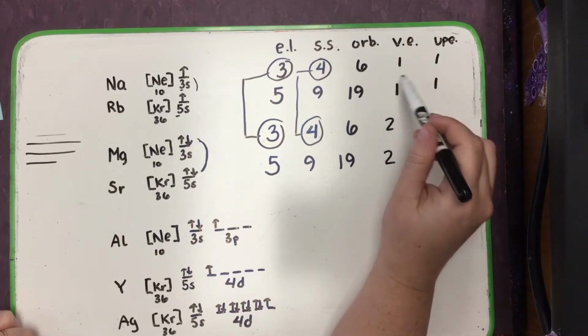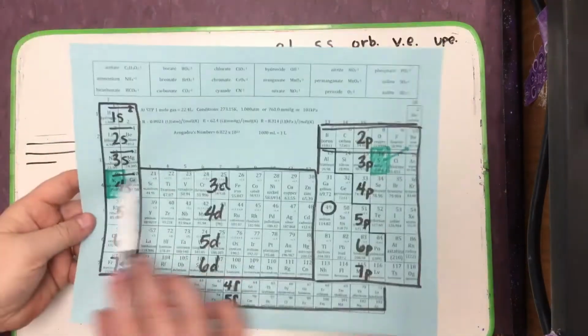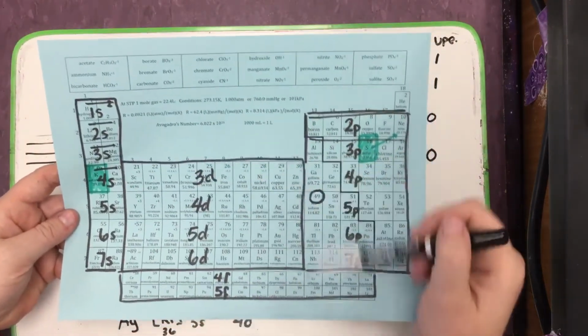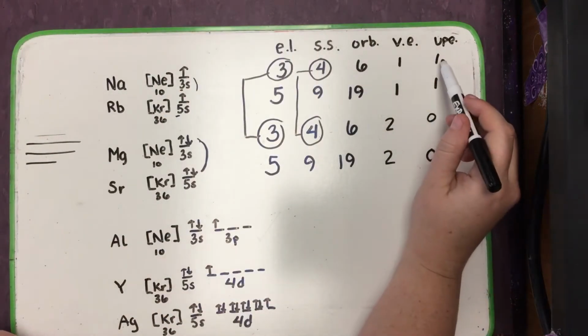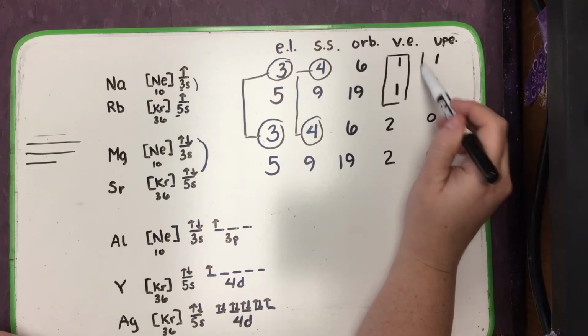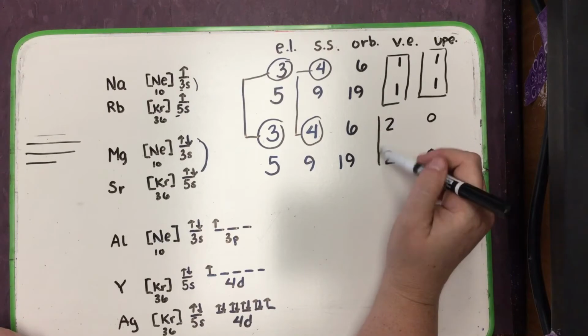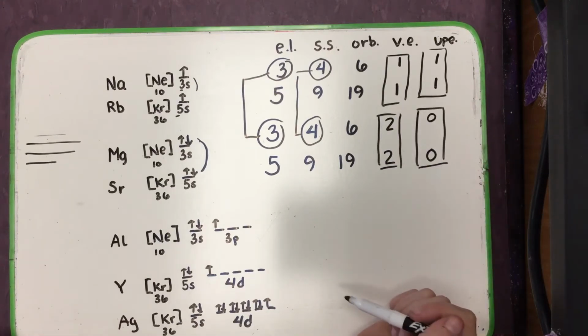But the valence electrons and unpaired electrons aren't going to be the same based on the row. Instead, they're going to be the same based on the column, what we call the group on the periodic table. Both of our elements that were in group 1 had 1 valence electron and 1 unpaired electron. Both the elements that were in group 2 had 2 valence and 0 unpaired.